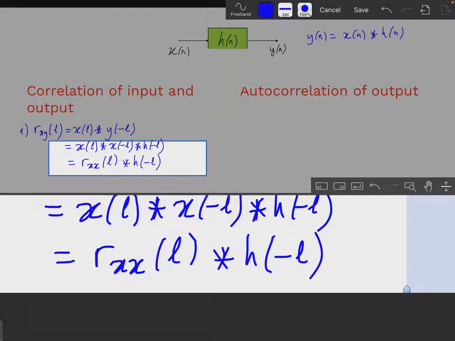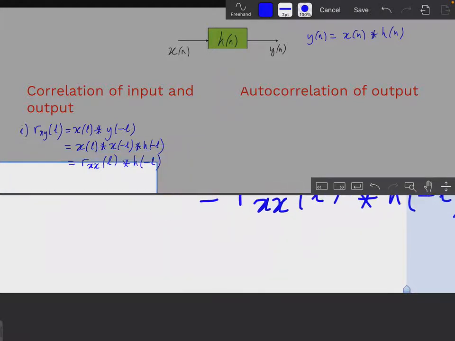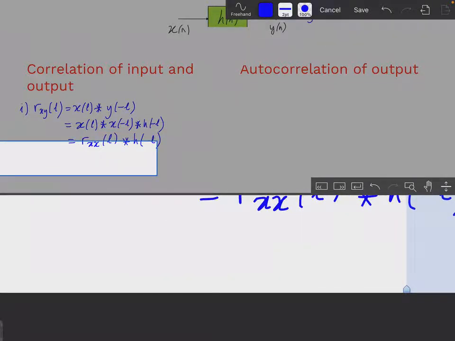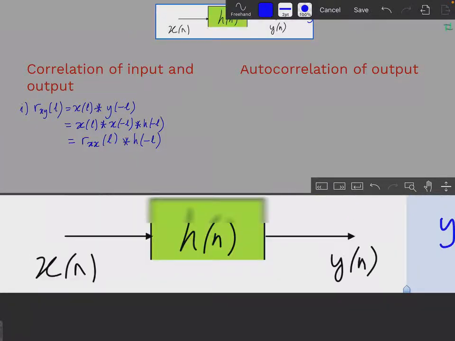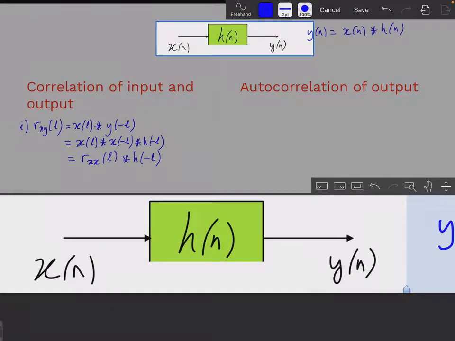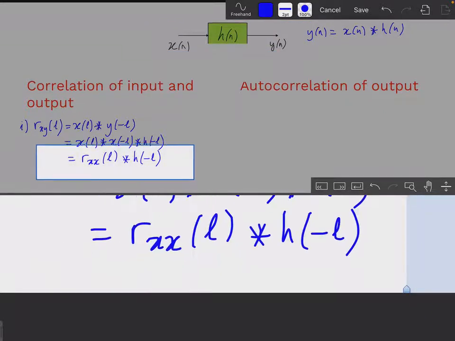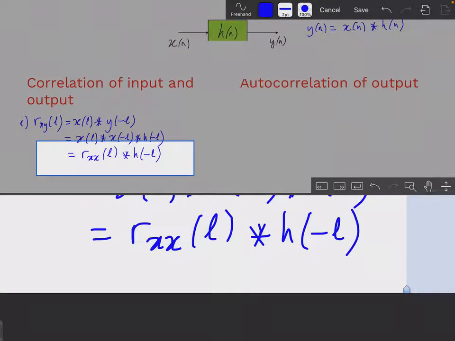Okay, so that is the first property about correlation of input and output. So you feed a signal X of n into your linear time invariant system and you obtain Y of n, and the cross correlation of the input and output depends on the autocorrelation of the input sequence convolved with whatever system you have in the middle.